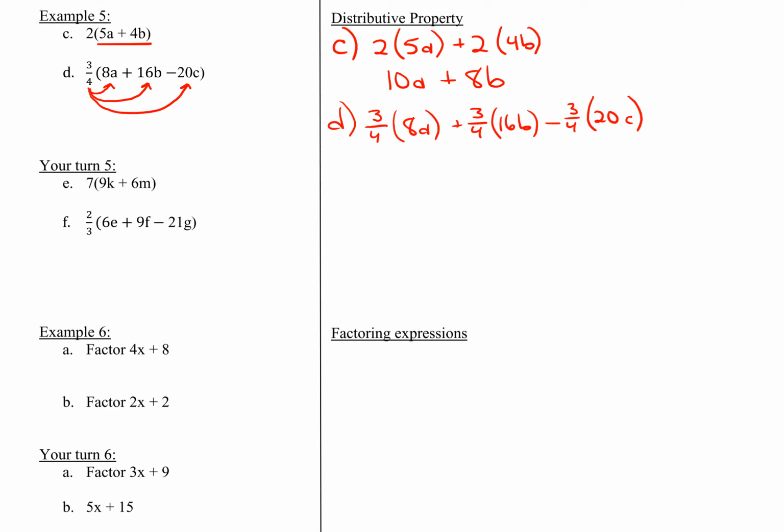And of course, you could have changed this minus to plus a negative 20c if you wanted to. So 3/4 of 8 is 6, so that's 6a, plus 3/4 of 16 is 12, 12b, minus 3/4 of 20 is 15c.